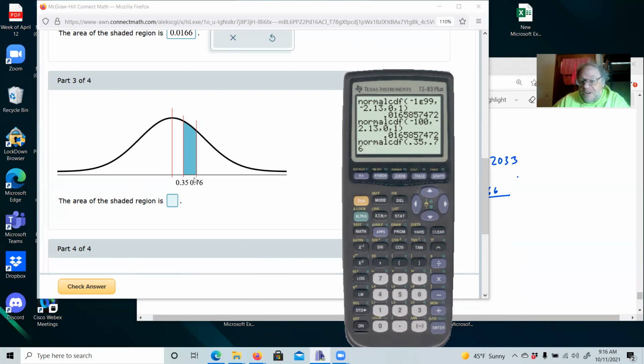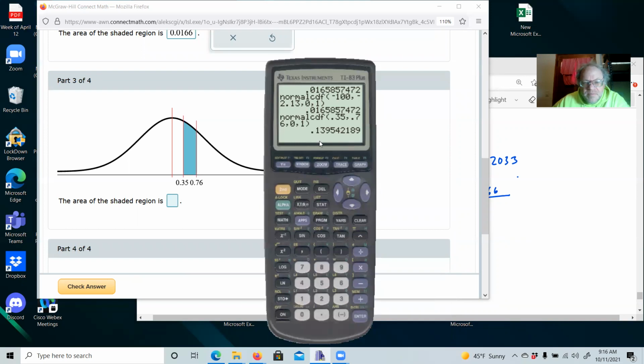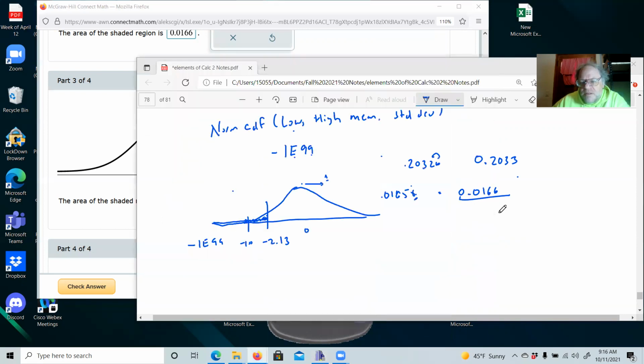We just go between these two numbers. It's still the same idea. We have 0 and 1. And that's how we're going to calculate this. 0.13954. So to 4 decimal places, this 4 doesn't contribute to the 5 there, so this is 0.1395.